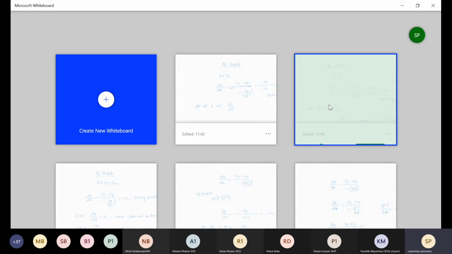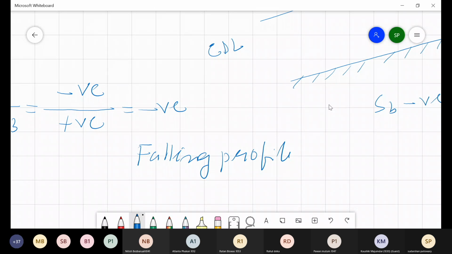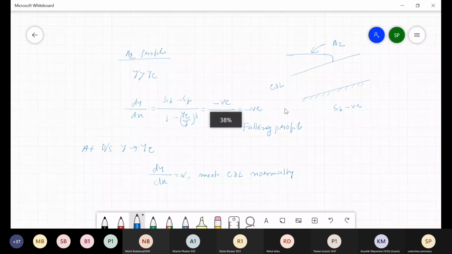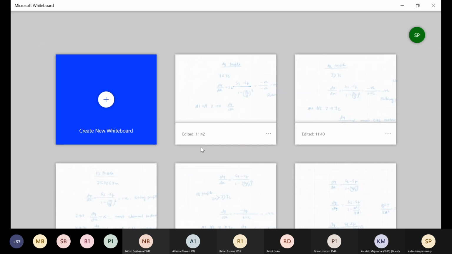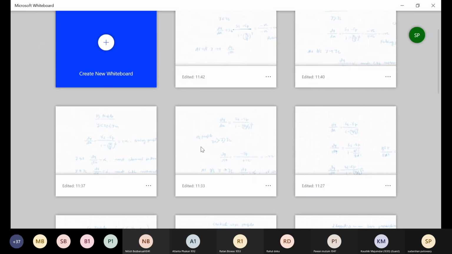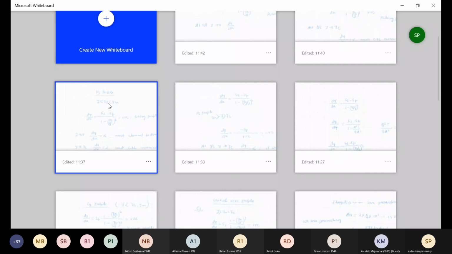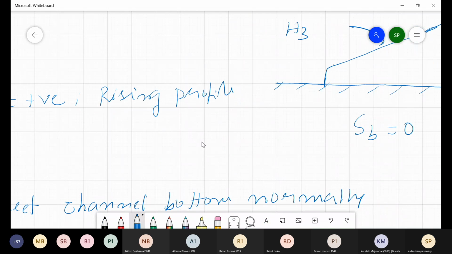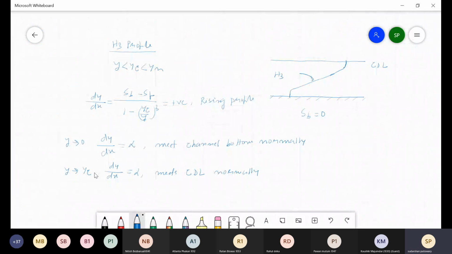I think I made a mistake in the case of H3.